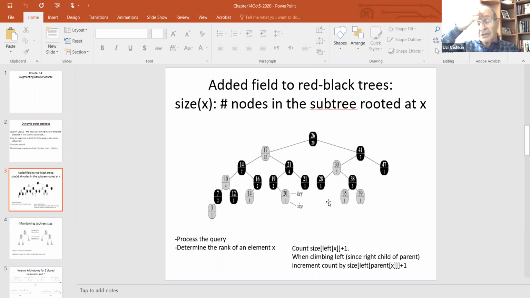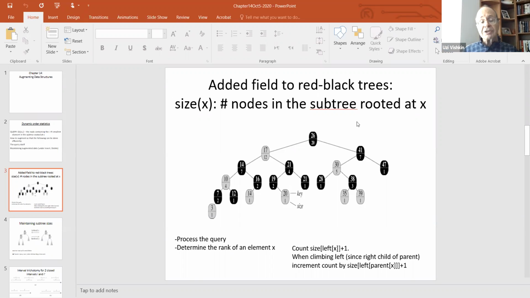These are the keys. And just to remind you what's going on in a binary search tree, you want to find whether 18 is in the tree. So you compare it to 26, 18 is smaller, you go left. Compare it to 17, larger, go right. Compare to 21, smaller, go left. Compare to 19, smaller, go left, it's not here. Right, so that's how the upper values are, no change there.